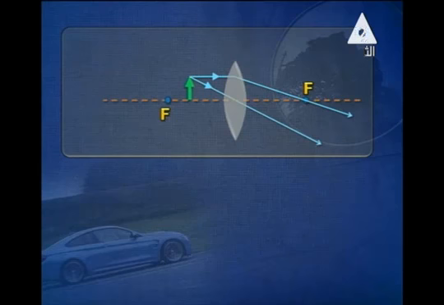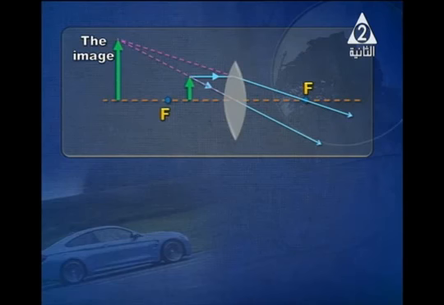The other one is passing through the optical center of the lens, so no refraction. The two rays will pass away from each other, so we need to take the intersection of the extensions of these refracted rays to form the virtual image.